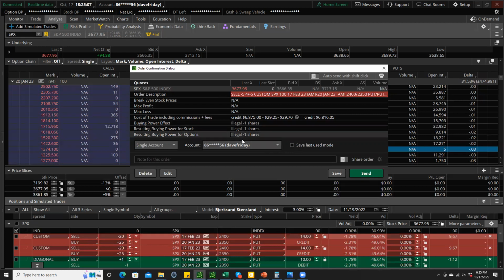So if you see that, it's because your particular account isn't set up with portfolio margin. And if you qualify for that and you want that, go ahead and talk to your broker. They'll tell you how to get that all set up. They should be able to do that within a few days.